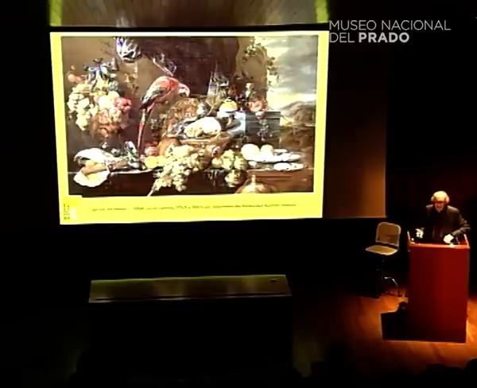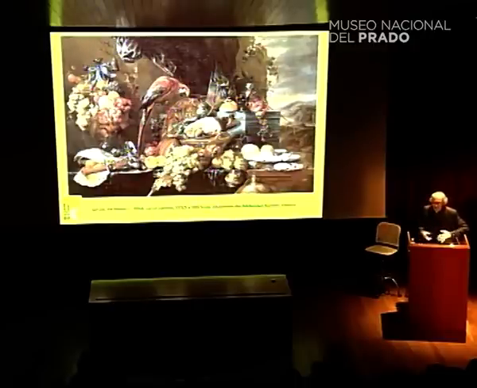Also in the first half of the 1650s, in this very productive period, he was still doing some larger and rich types of still life, but they become a bit less. But this is probably one of the most successful ones from about 1654 in the Academie der Bildenden Künste in Vienna.